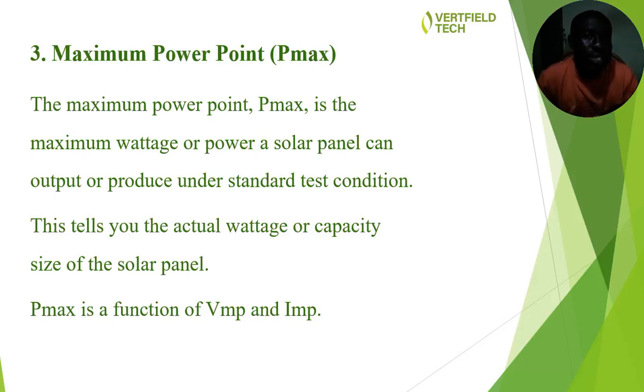So this is bonus information. In cases of troubleshooting, if you are an engineer or a technician in the field, and a solar system is malfunctioning, you may suspect it might be the solar panel but you do not know, and you need to confirm the size of the solar panel. What you need to do is get the voltage being produced by the solar panel and multiply it by the current being produced by the solar panel.